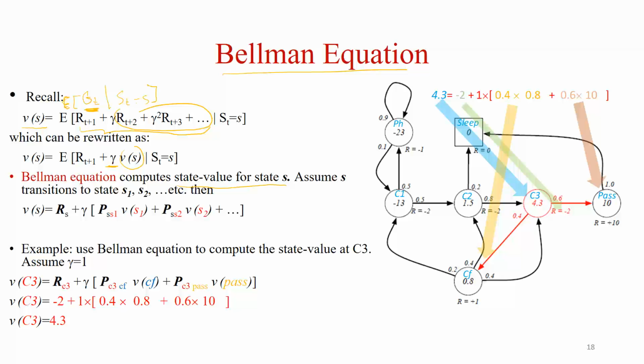So let's assume that I have a state transition: a state S which transitions to S1 and S2, etc. Let me draw this.